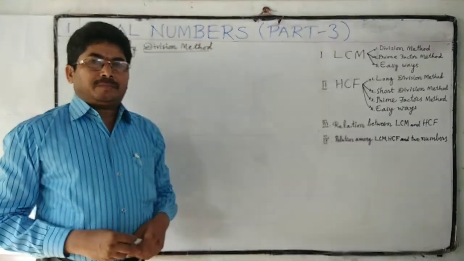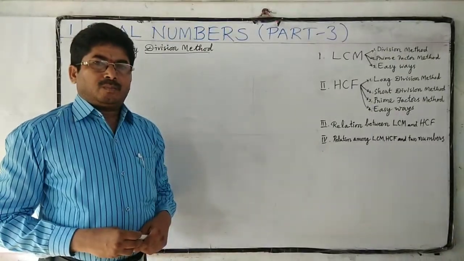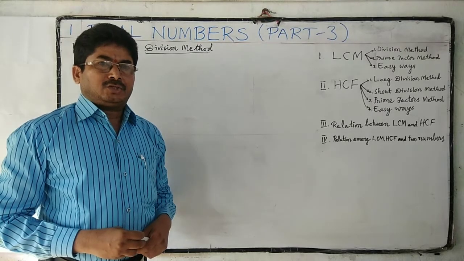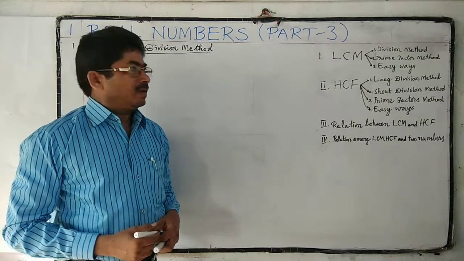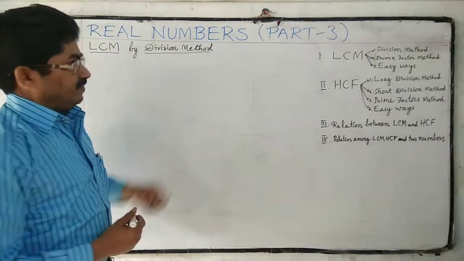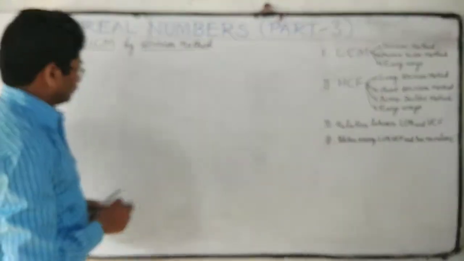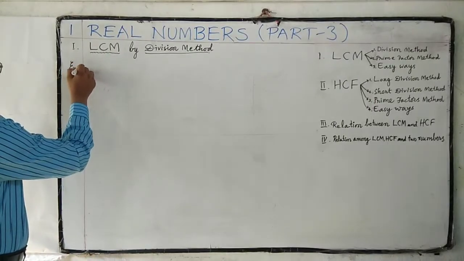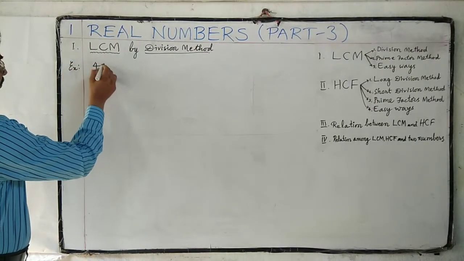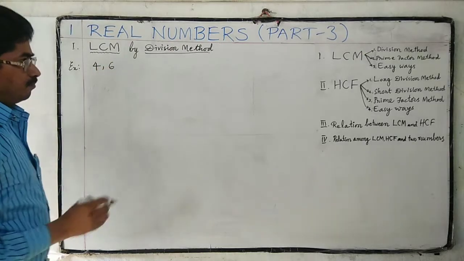Okay, we understood LCM well, but what are the methods to find LCM? Let us learn one by one. LCM by division method. Example, LCM of 4, 6.